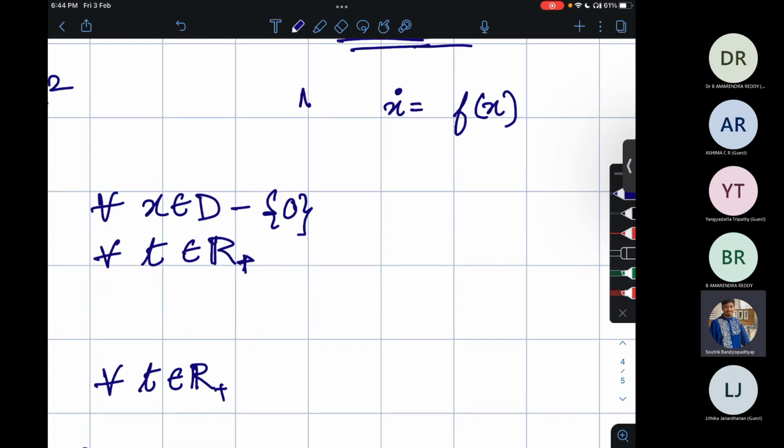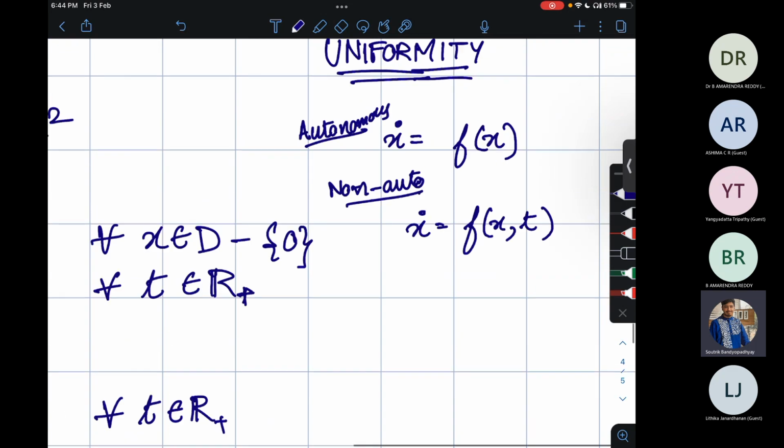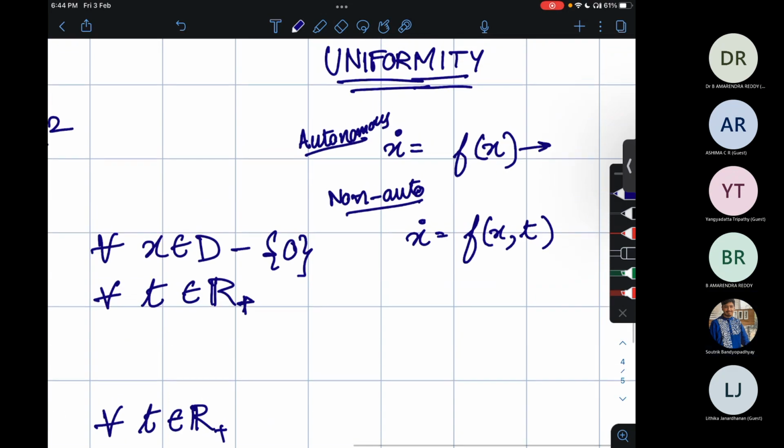So this was autonomous. And for non-autonomous, x dot was equal to f of x comma t. These autonomous systems are always uniform. So there is no need to mention uniformity for autonomous systems.